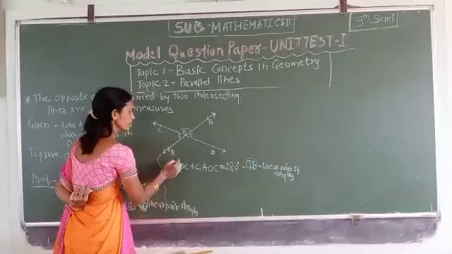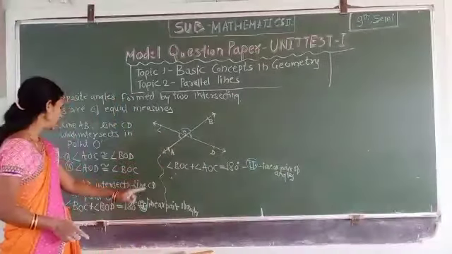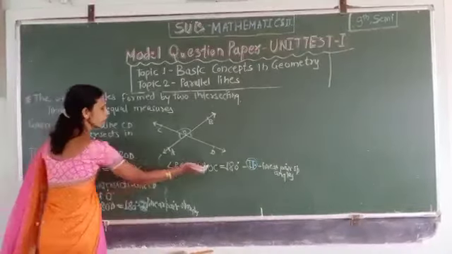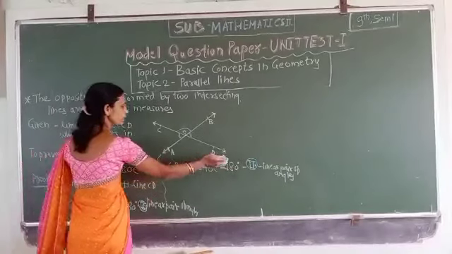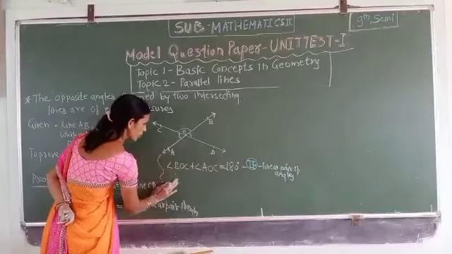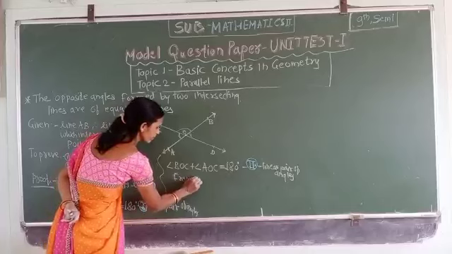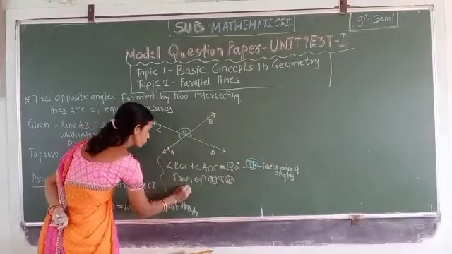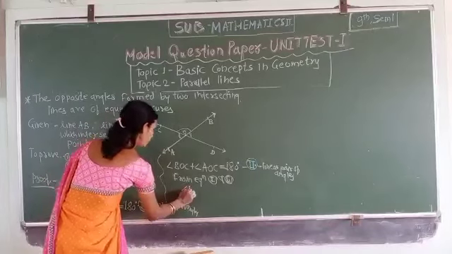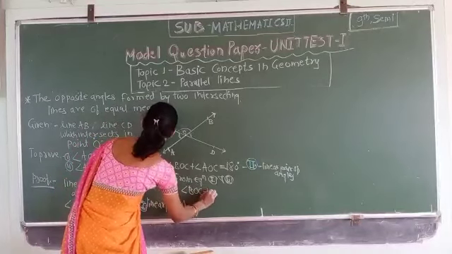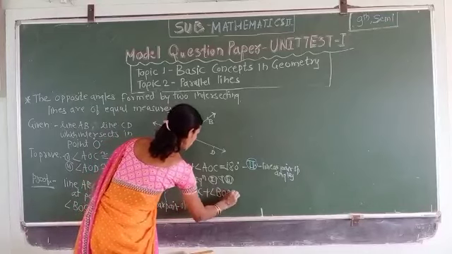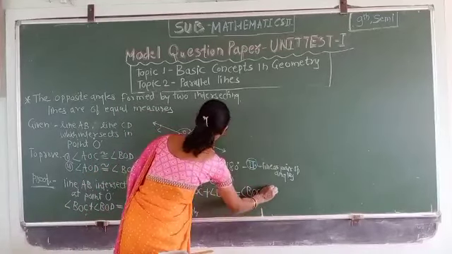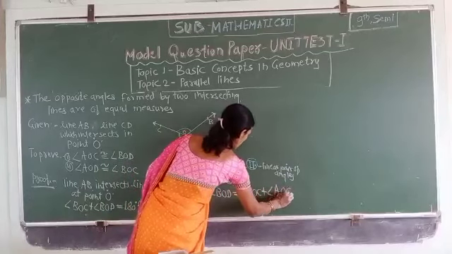From equations 1 and 2, the right hand sides are the same, 180 degrees. Therefore angle BOC plus angle BOD equals angle BOC plus angle AOC.